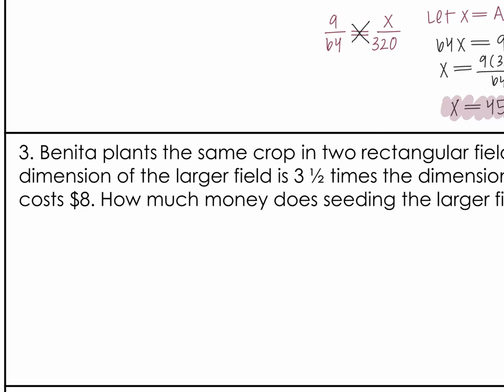So right off the bat, there were two ratios provided. There was the 2:3, which was talking about my side lengths. And then the dimensions of the larger from the smaller are going to be 3.5 times larger. So with that being said, for our ratios, our A and our B, we need to compare from one figure to another, not from one dimension to another dimension in the same figure.